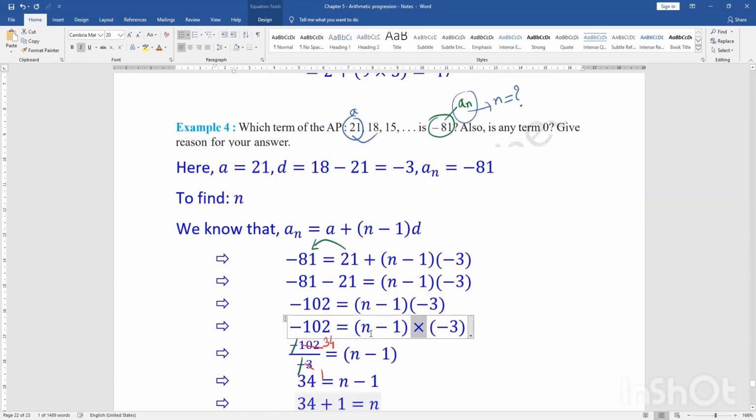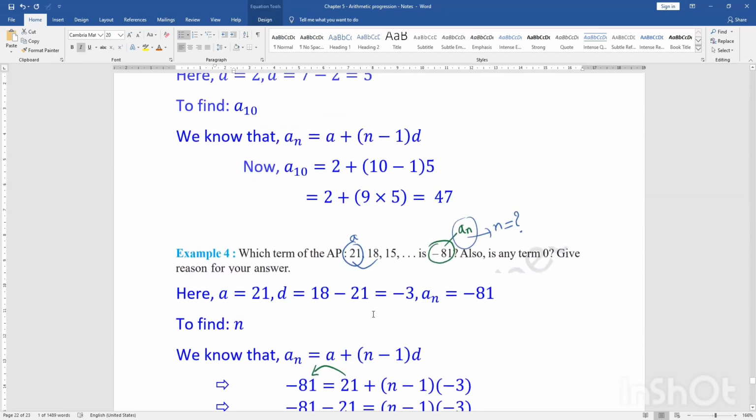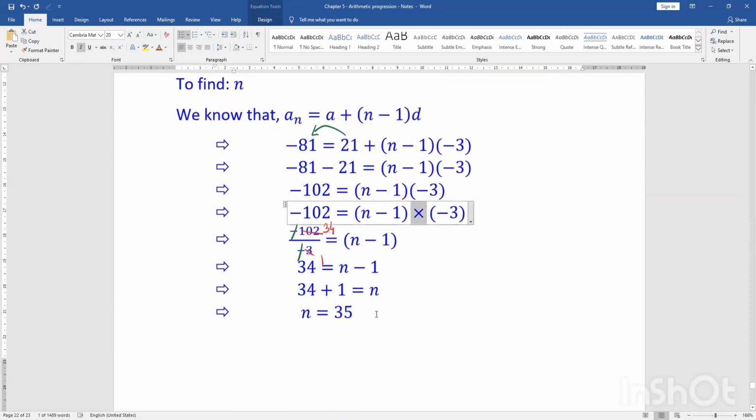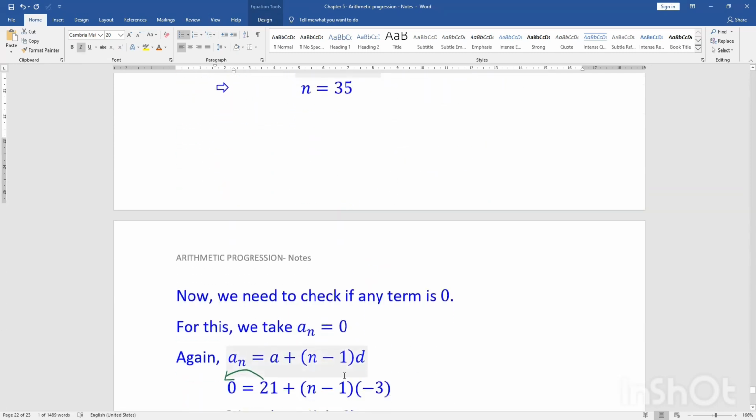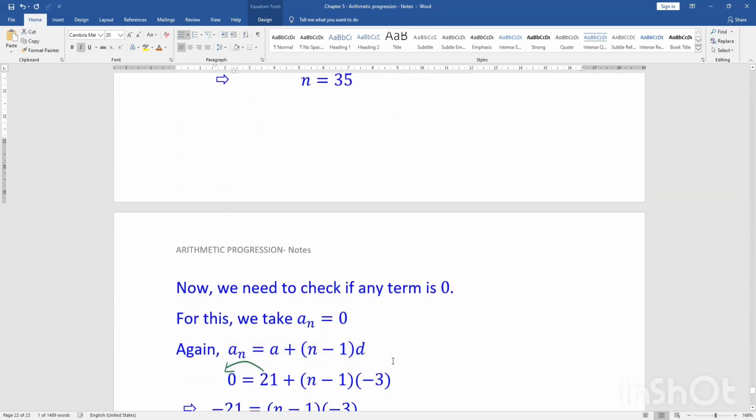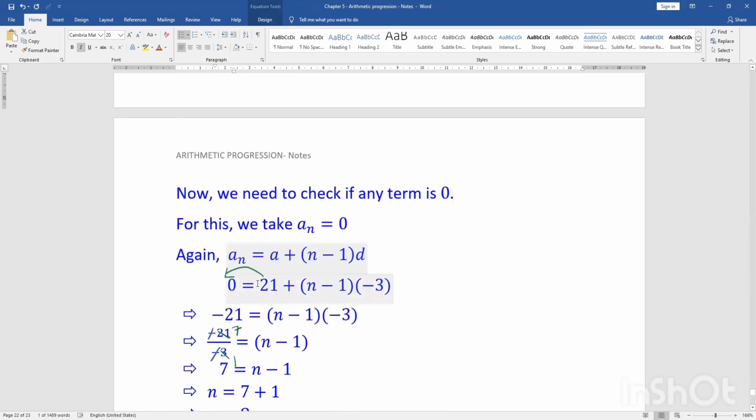And I wanted to find out which term, if any, can be 0. For that, again, I consider the same formula, an equals a plus n minus 1 d, and this time I take an as 0. I substituted the appropriate values: A as 21, and d is already minus 3, and n minus 1 we don't know.